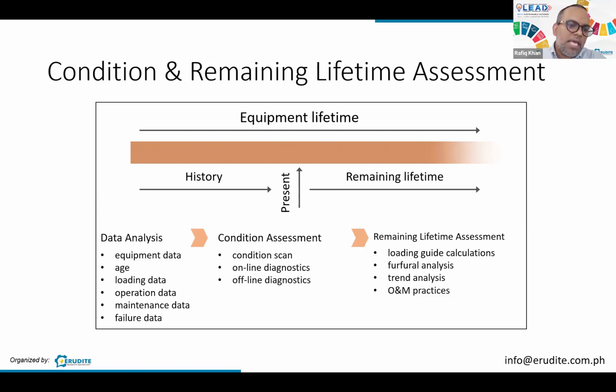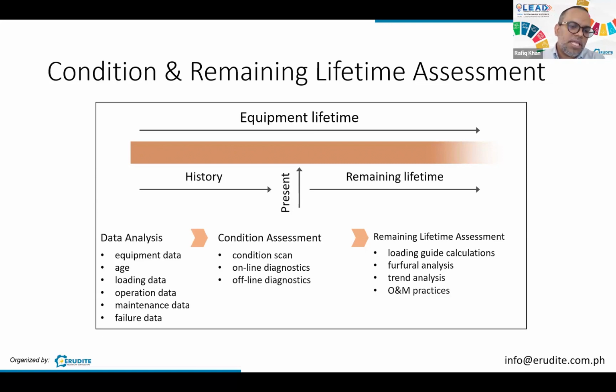You can look at the age of the equipment, the loading, of course, the operation, whether you switch it on and off every day, or does it run frequently only at base load. Maintenance data, you can look at whether or not certain parameters are progressing fast over the years, and failure data.